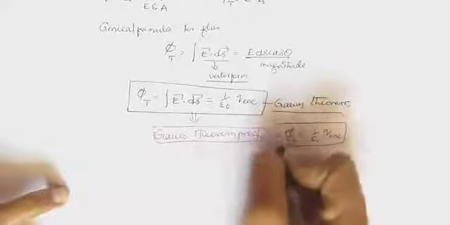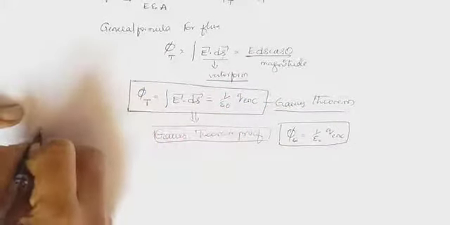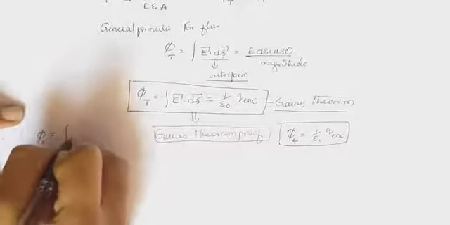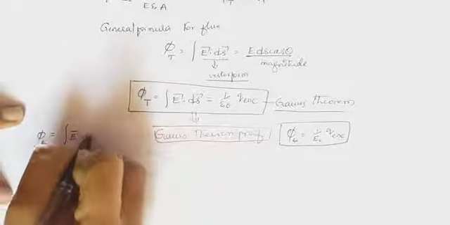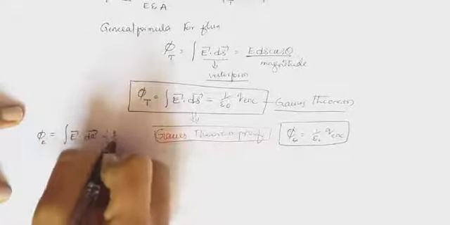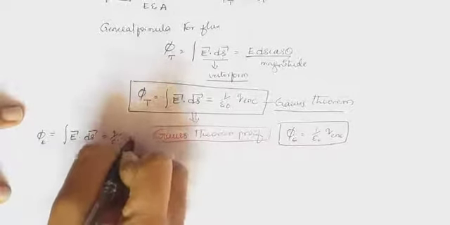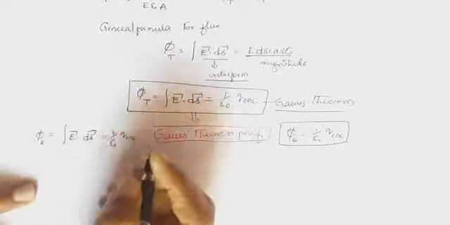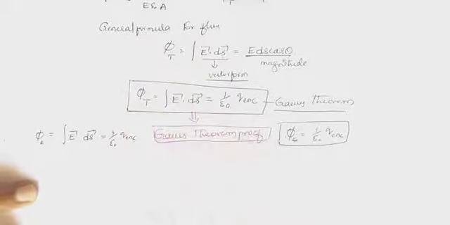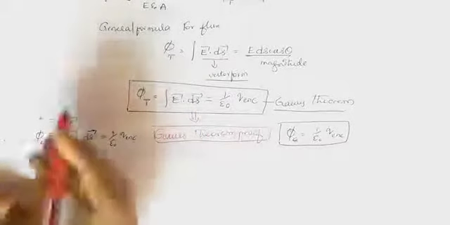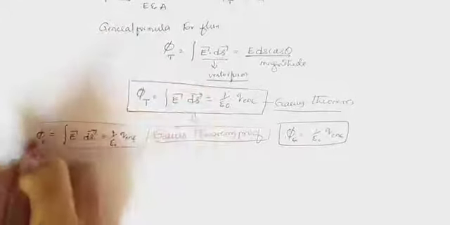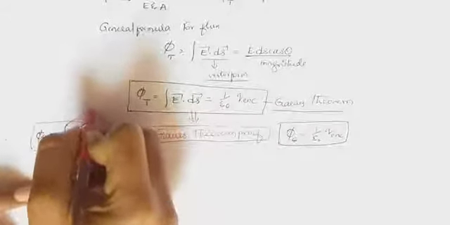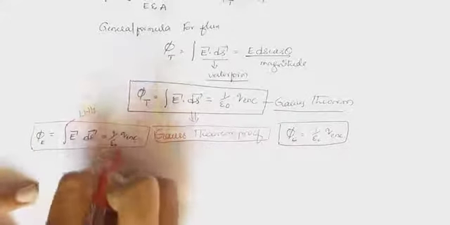That means the integral of E bar dot dS bar equals 1 by epsilon naught times Q enclosed. To prove this, we take the left hand side and prove the right hand side.